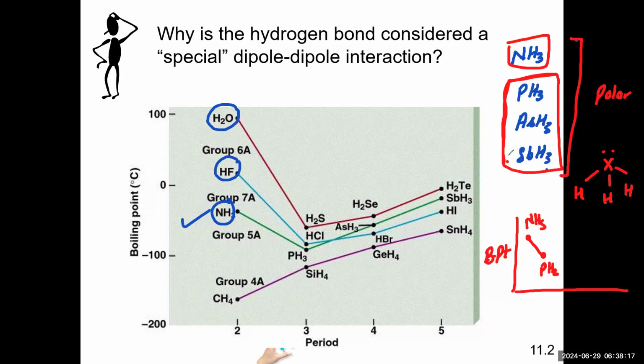So what is happening to LDF as you are moving down, as you're going from P to arsenic to antimony? What is happening to LDF? Okay, because of the more polarizability, right? Because of the more molar mass. So after PH3, what will come? And after that, what will come? Can you see? And can you see that SbH3 is without hydrogen bonding?